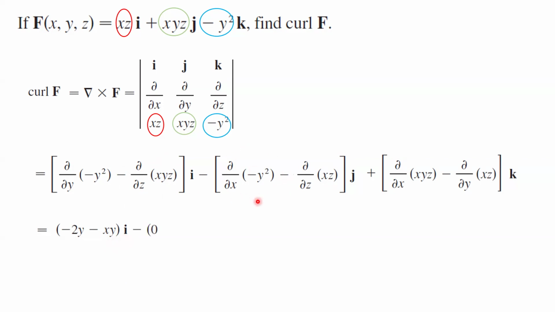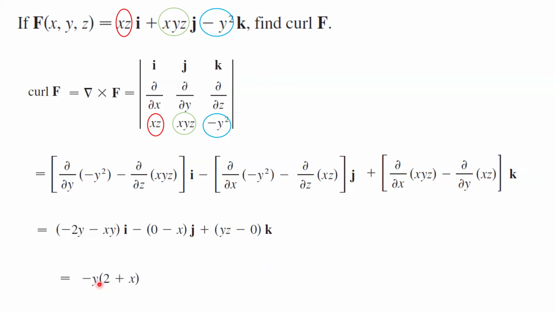Now, the partial derivative of negative y squared with respect to x, this guy doesn't have any x in it, becomes 0, minus the partial derivative of xz with respect to z, which is x, and then in the direction of y-axis, plus, well, partial derivative of xyz with respect to x is yz, minus the partial derivative of xz with respect to y. This guy doesn't have any y in it, so it becomes 0, in the direction of z-axis. So let us simplify this.